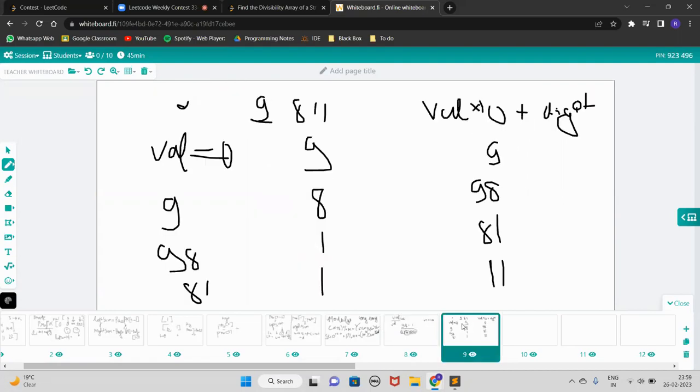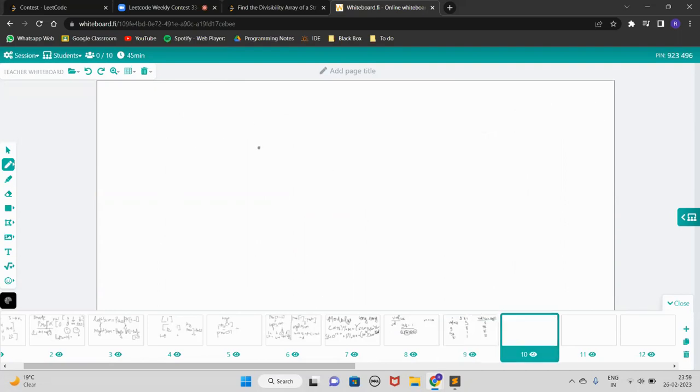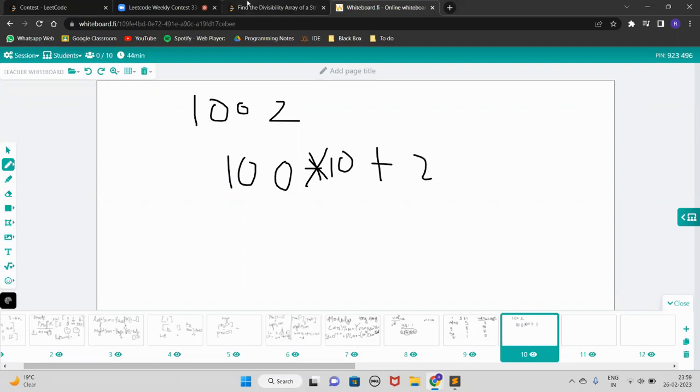The way we are coming up with that is by doing val into 10 plus digit. It is similar to adding a digit at the end. For example, if we have 100 and we have to add 2 at the end, meaning we have to concatenate, then we are doing 100 into 10 plus 2. So this is how we are finding out val.